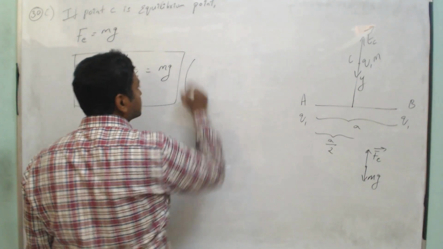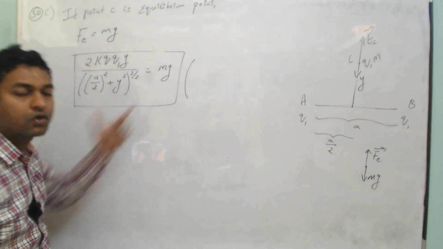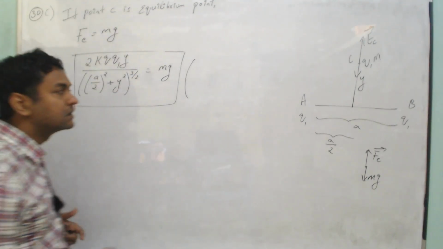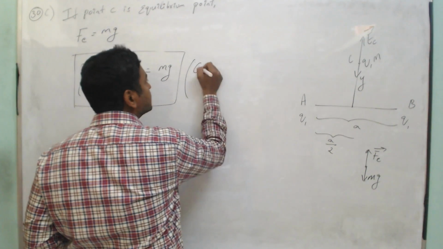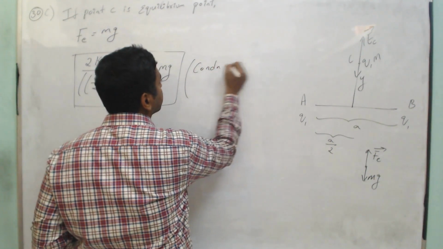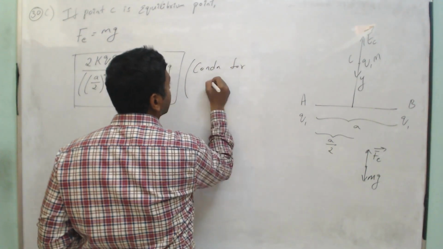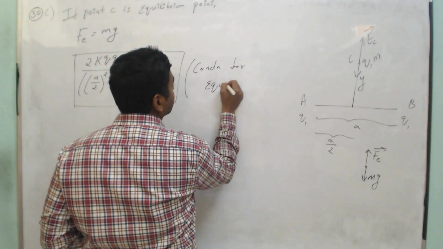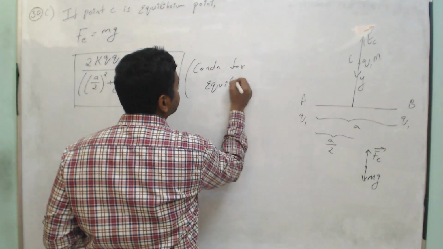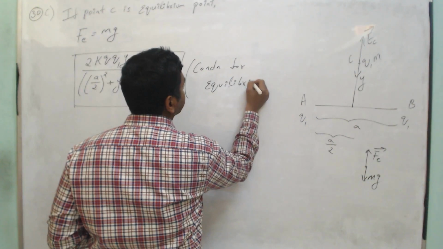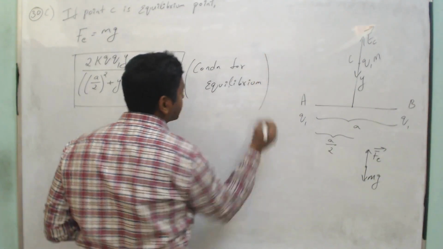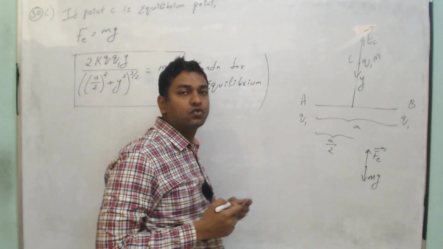So this situation, whatever we have discussed till now, is basically the condition for equilibrium, right? Whenever we say that there is equilibrium, that means the net force acting on it is 0.